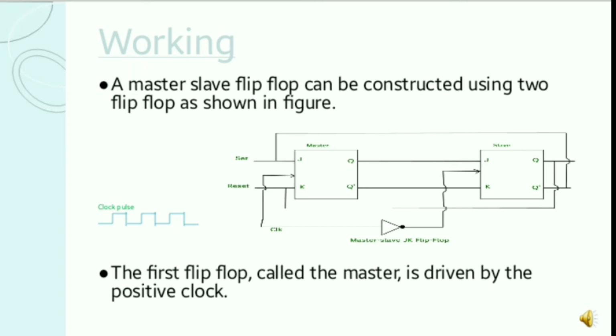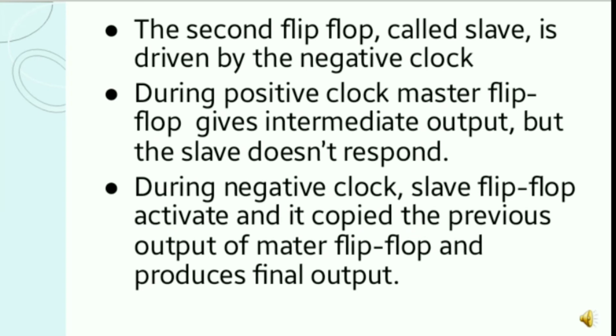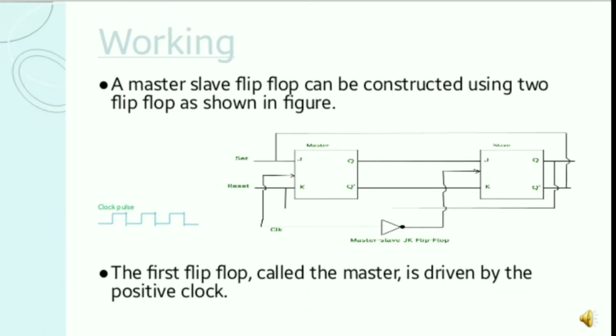So, the first flip-flop, called the master, is driven by the positive clock, and the second flip-flop, called the slave, is driven by the negative clock. So you see in the figure, drawn with the blue pen, that is the clock pulse.